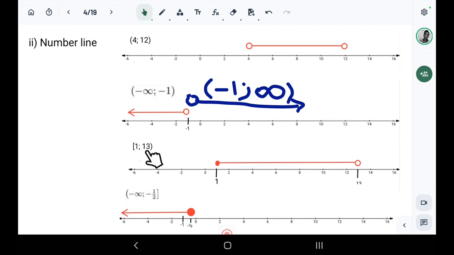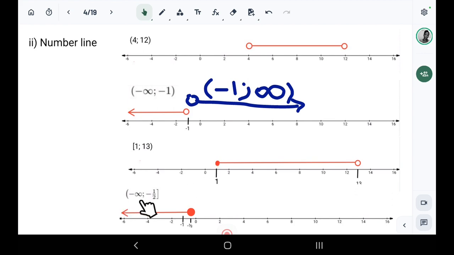Now for 1 and 13 with 1 included, you have a solid dot on top of 1 and a hollow dot on top of 13, and you connect the two. So your solution is between 1 and 13, including 1 but not 13. And that's how you show that it is included, by representing it with a solid dot.